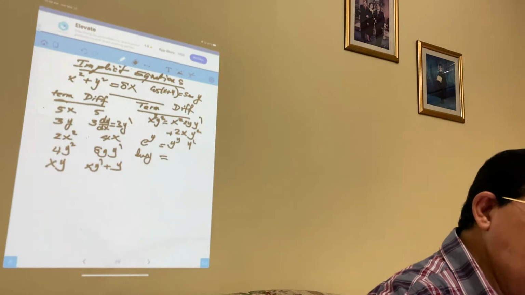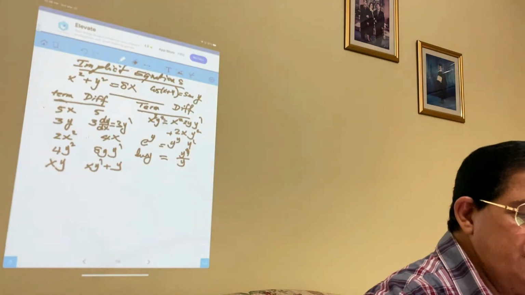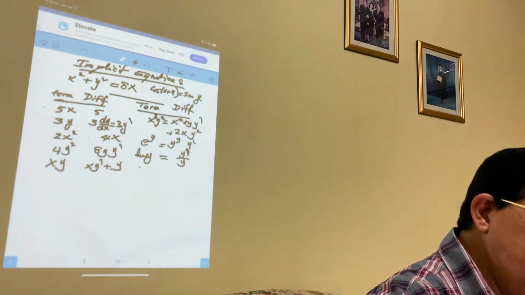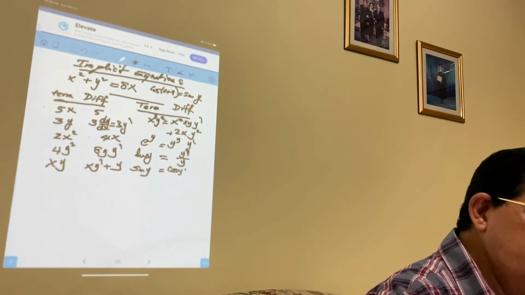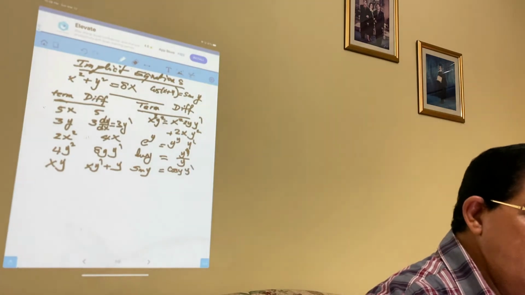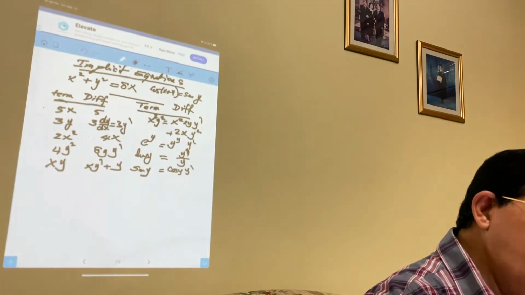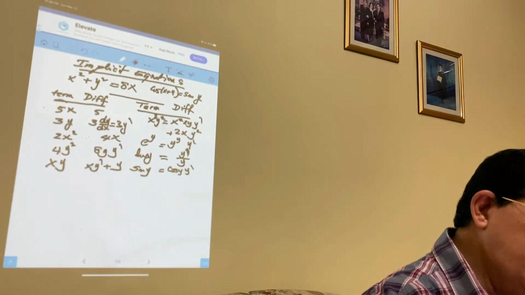It is 1 over y, so y dash over y. And the differentiation of sine y is cosine y times y dash. Therefore, we take each term and we differentiate it.